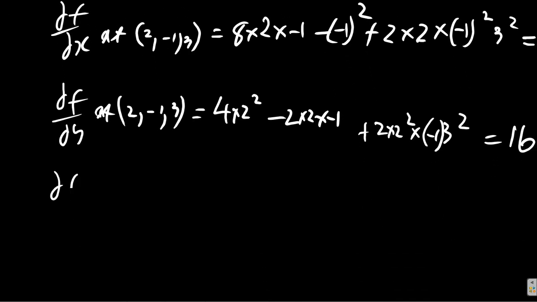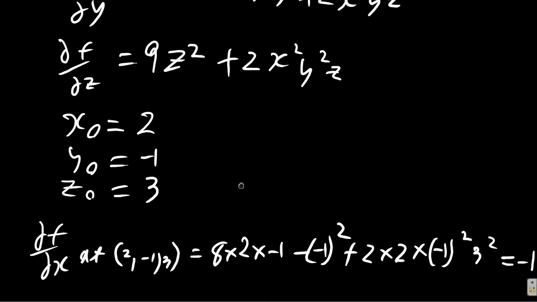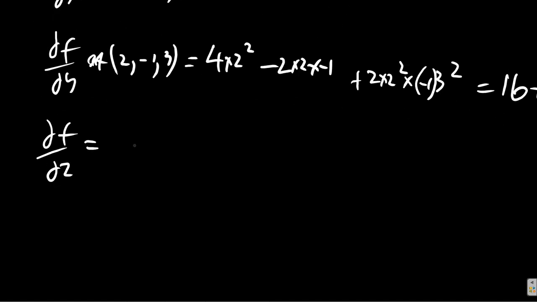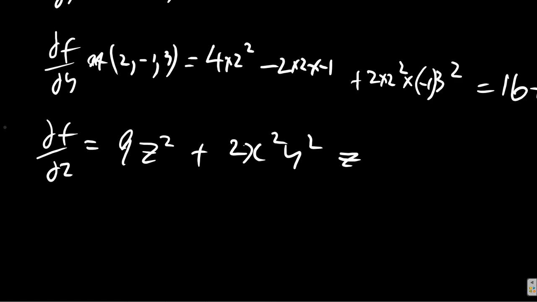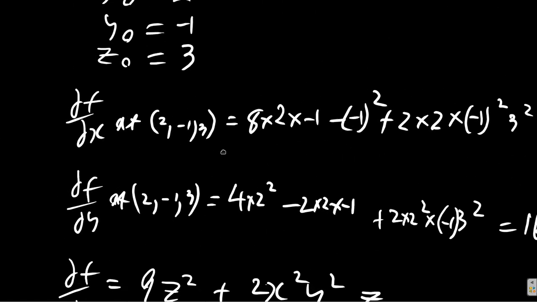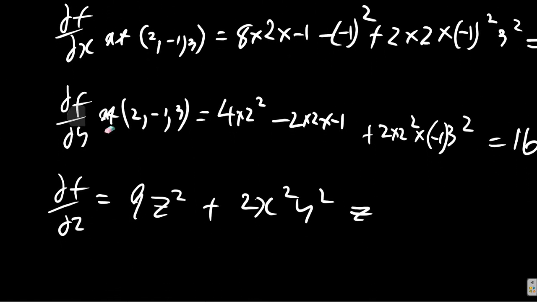Delta f by delta z is equal to 9z squared plus 2x squared y squared z. So it's 9z squared plus 2x squared y squared z. Now z is 3. So 3 squared. So it's 9 by 3 squared. 2 times x squared. Let's give some space here.